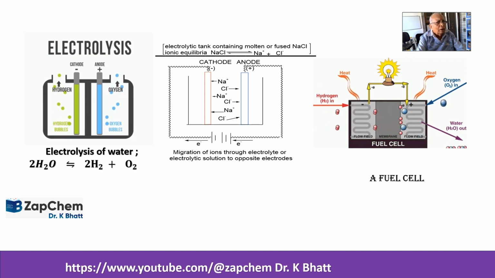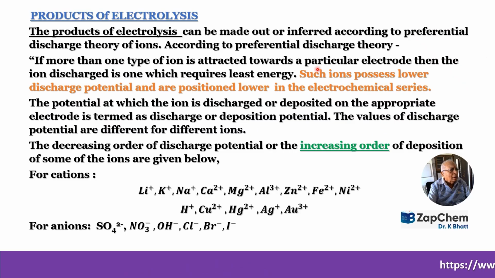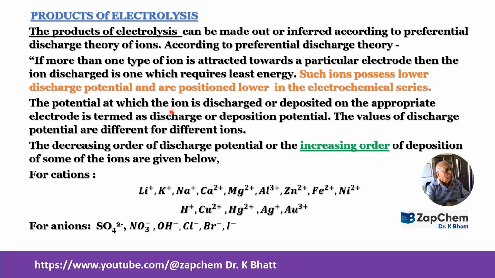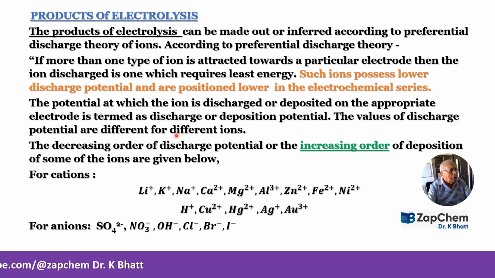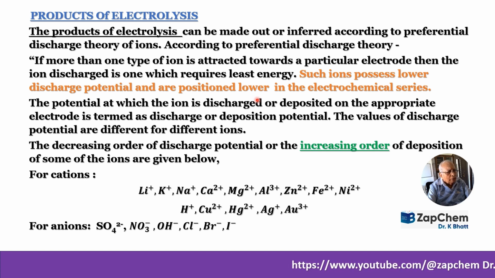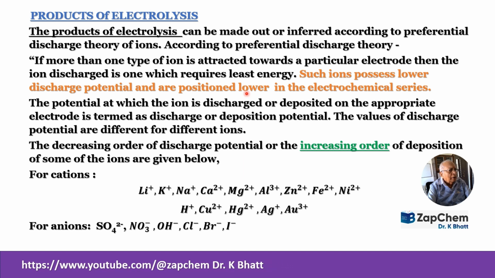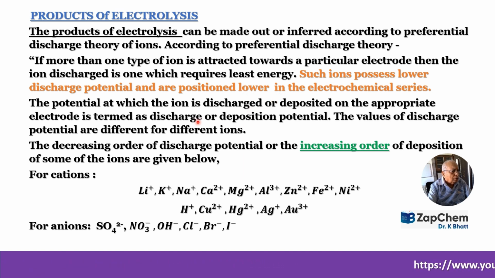Okay, then we need to understand products of electrolysis. What are the products which will be obtained? What substance will be deposited by the electrolysis? Now, I have already made it clear that ions get discharged when they come in contact with the opposite electrode.